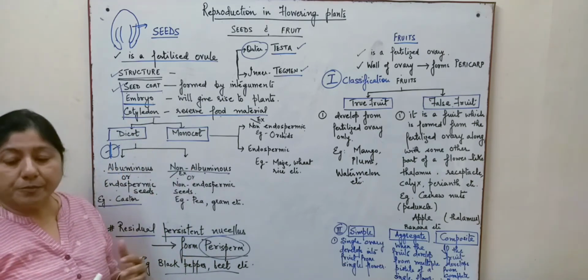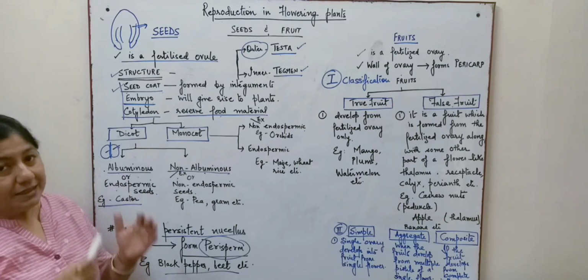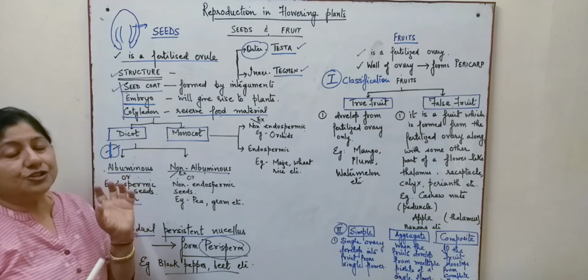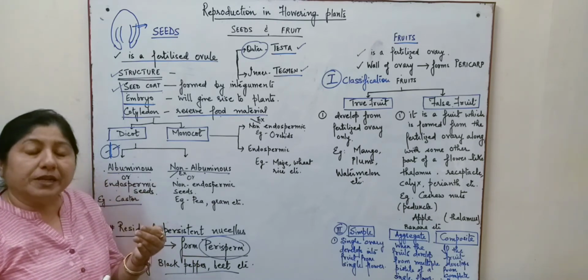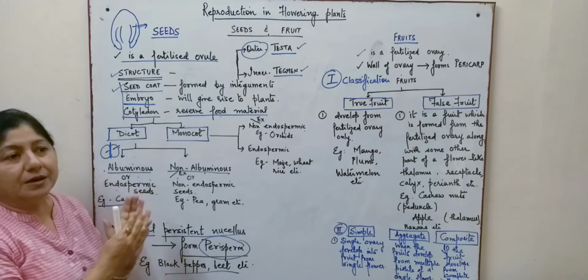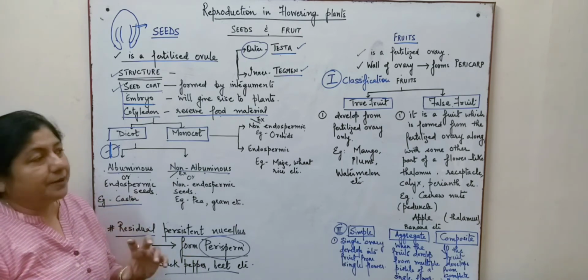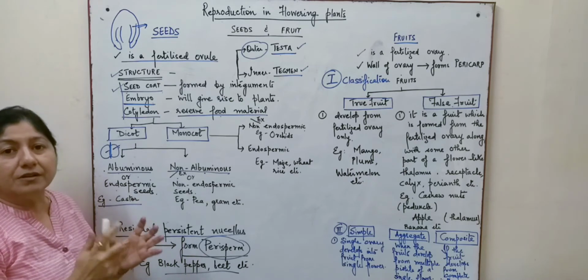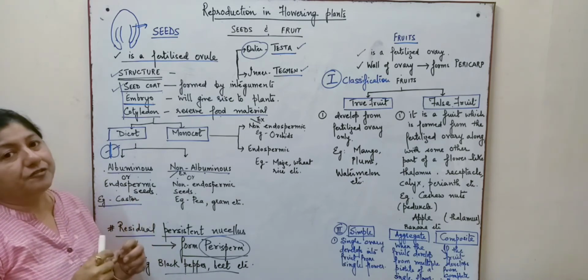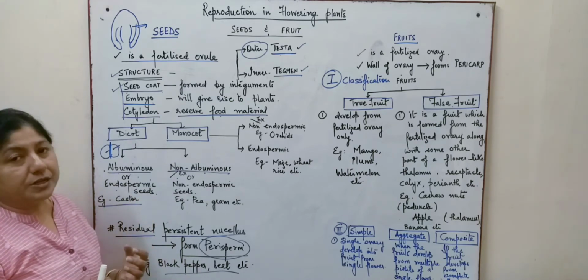Now, after the formation of the seed, the seed has a certain dormant period during which it will not germinate, because this is the time when the embryo will continue to multiply. So unless it gets favorable conditions, the seed will not germinate.